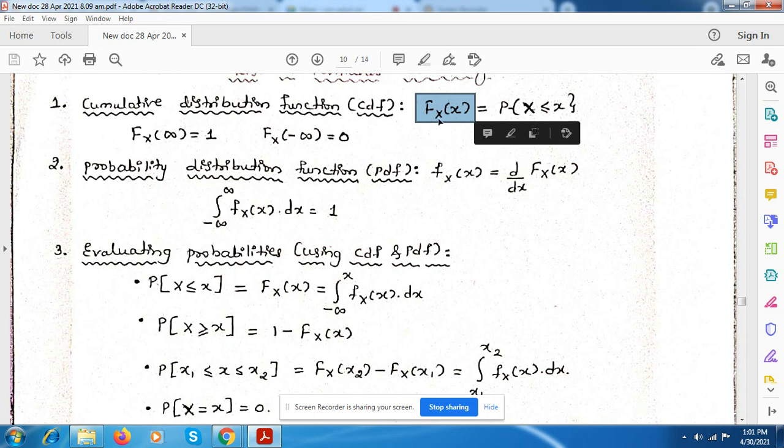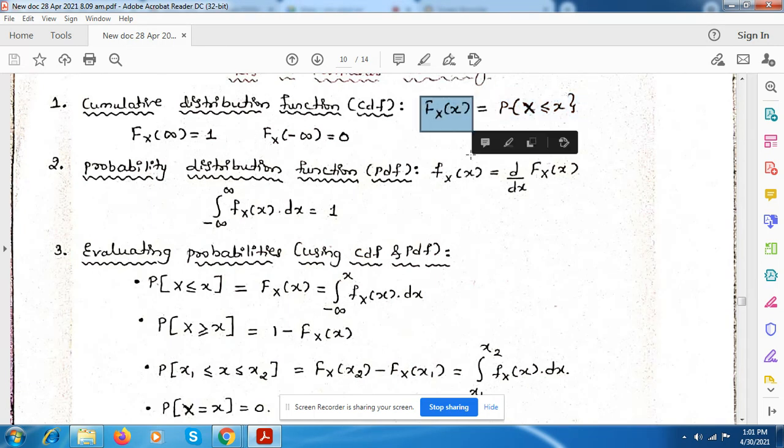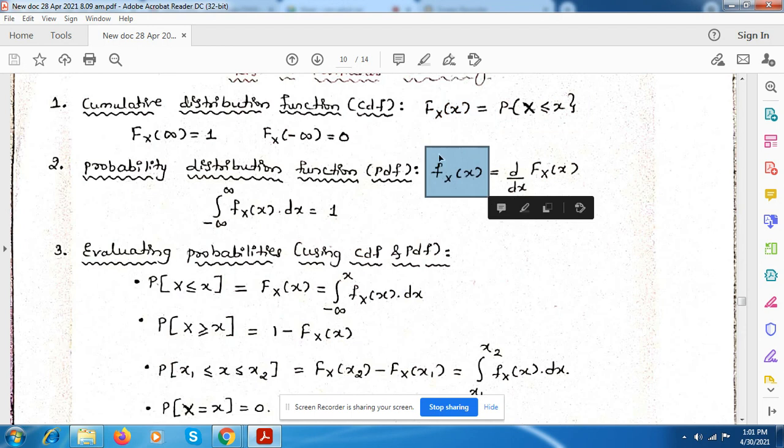This is the notation for CDF, and that is equal to the probability of X less than or equal to x. These notations are very important. Here for CDF we have the capital F, and for PDF we have the small f. You have to remember that correctly.